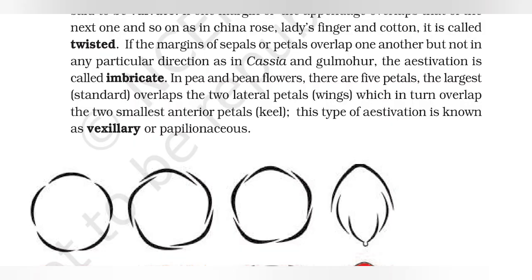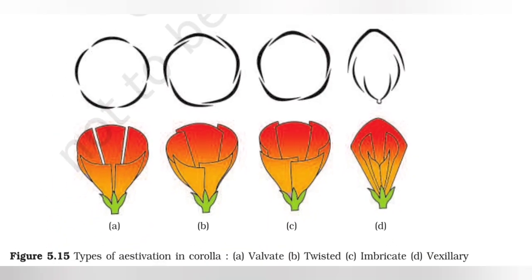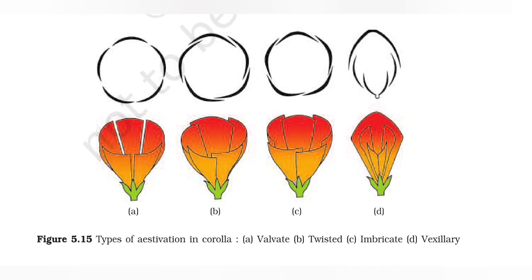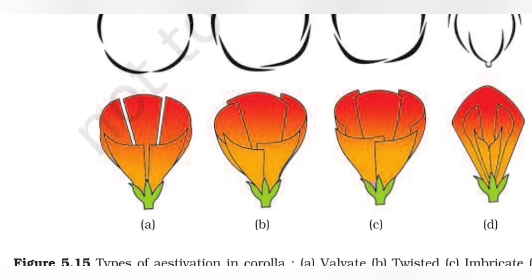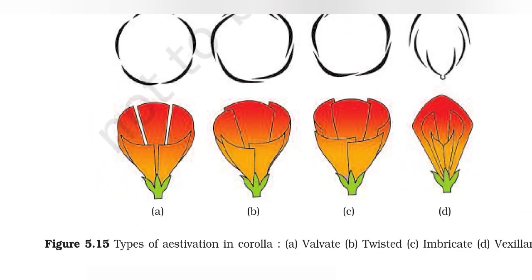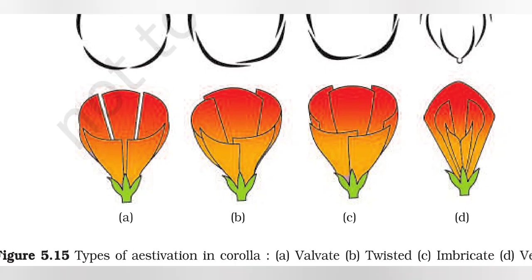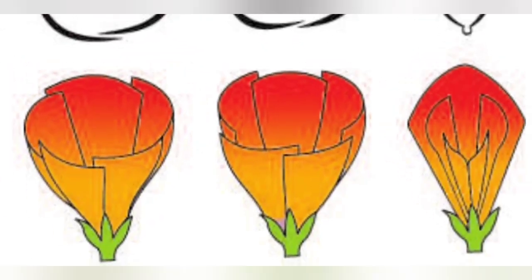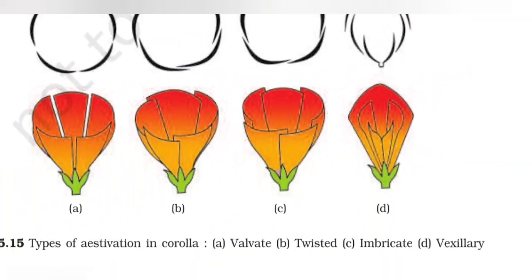This type of estivation is known as vexillary or papilionaceous. These are different types of estivation. First is valvate, second is twisted, third is imbricate and fourth is vexillary.